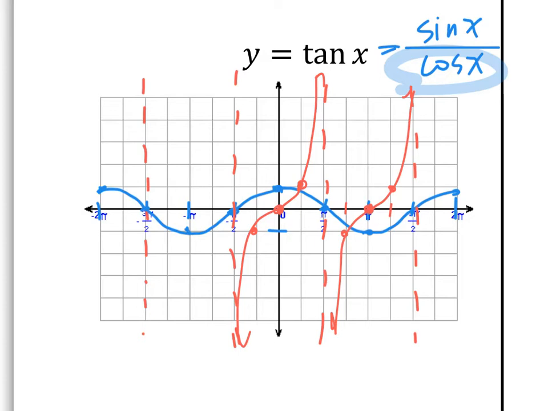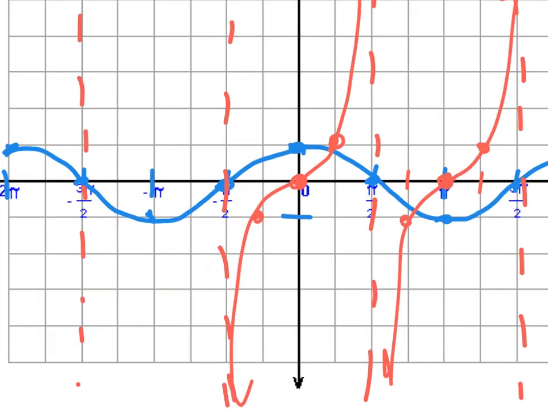Okay, let's say you just can't remember that it's supposed to look like this. Then there's always another way of figuring this out. Let's say we're talking about this point. You see here, this is pi over 4, right? We're basically asking ourselves, what is tangent of pi over 4? Tangent pi over 4 is sine pi over 4 over cosine pi over 4.